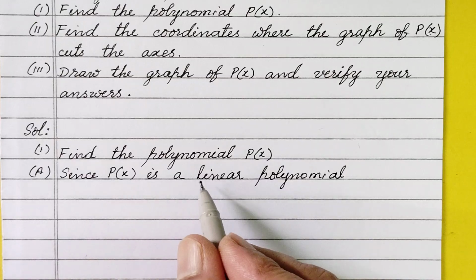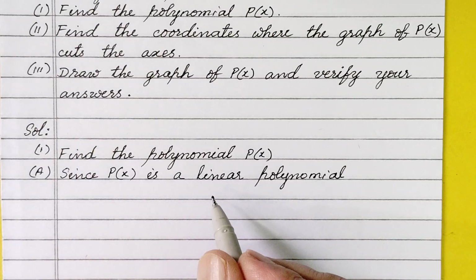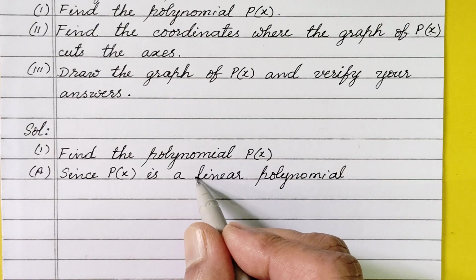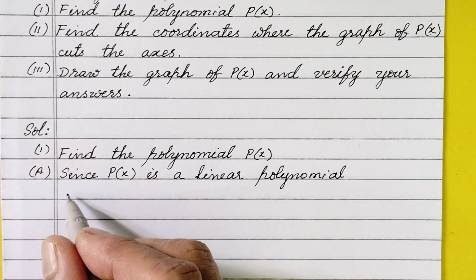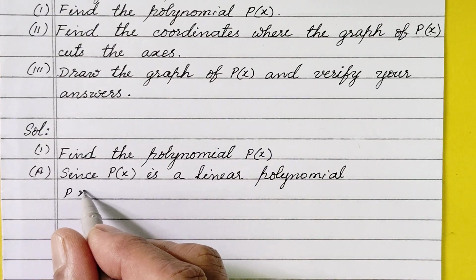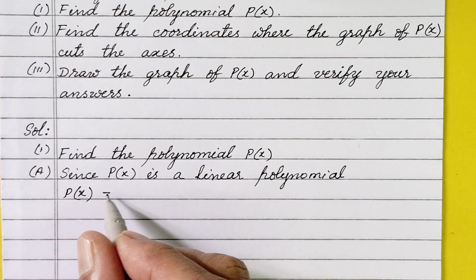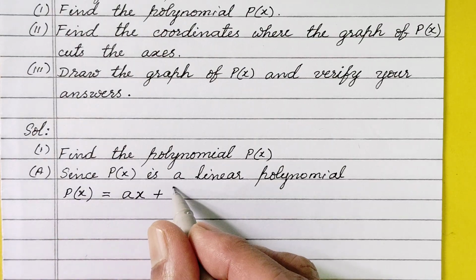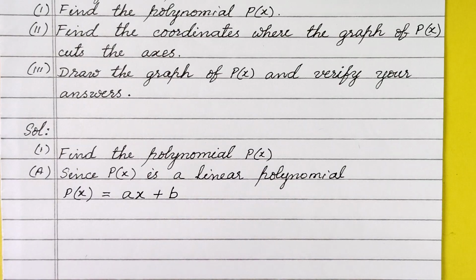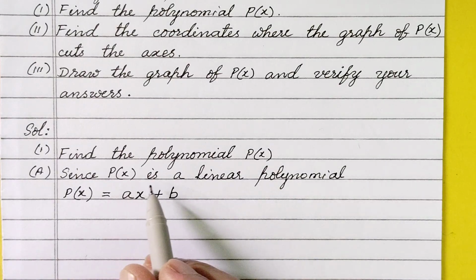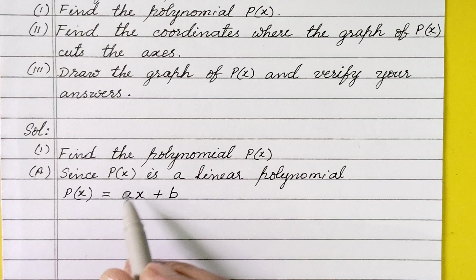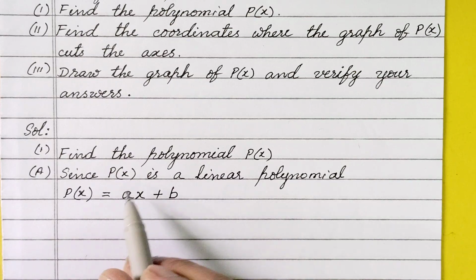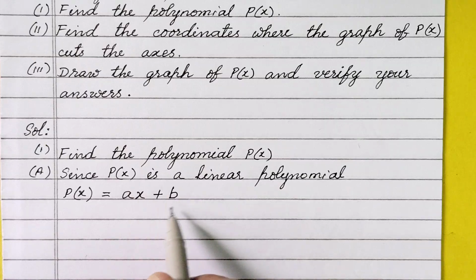Since p(x) is a linear polynomial, p(x) will be equal to ax plus b. So the degree should be 1. Here the power of x is 1. So the degree is 1. This is a linear polynomial.